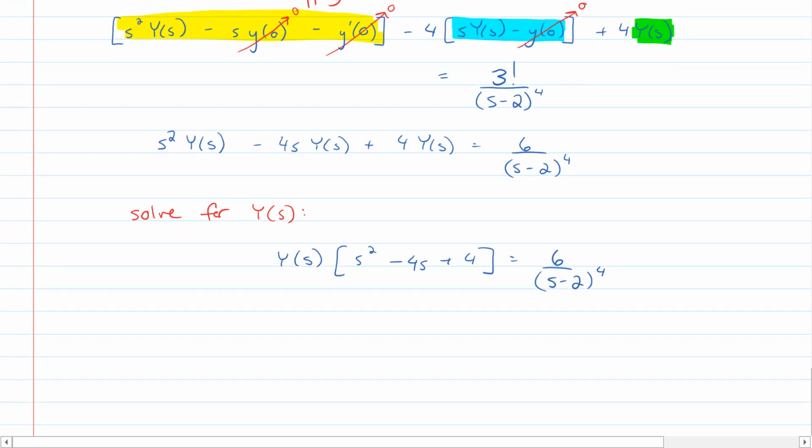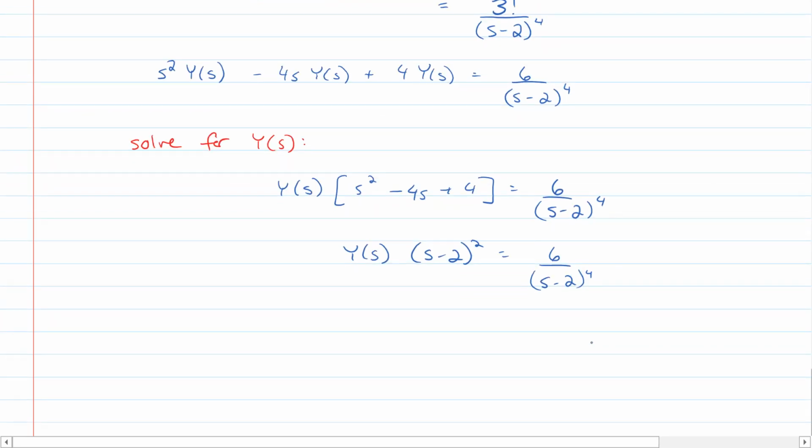And of course, s squared minus 4s plus 4 is equal to s minus 2 squared. Then solving for Y of s, we get 6 over s minus 2 to the 6th power.